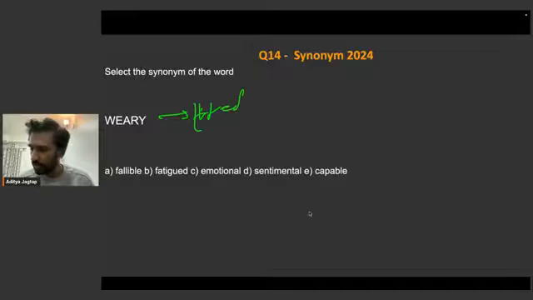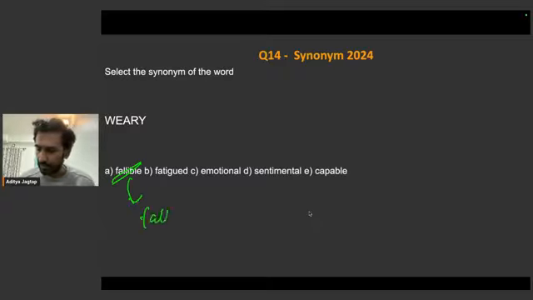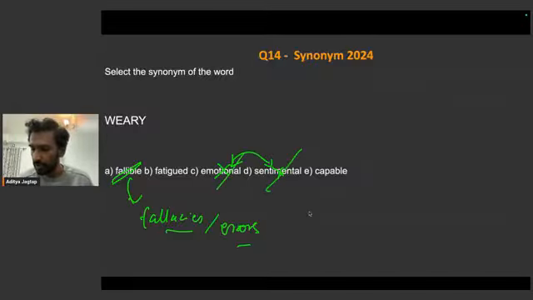Synonyms can again be hard. Fallible is to have bias, to have fallacies or mistakes or errors. So fatigued would be the right answer. Emotional, we know it applies to having too many emotions. Sentimental also is sort of synonymous with emotions, but not the same as weary. So we know these would not be the answer.